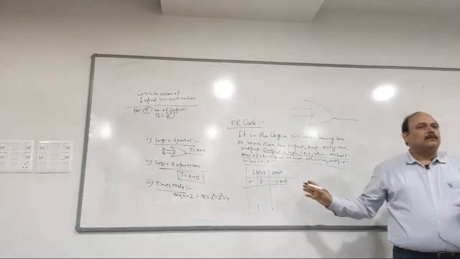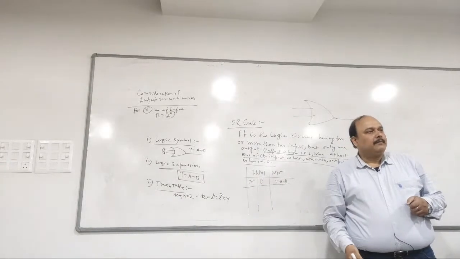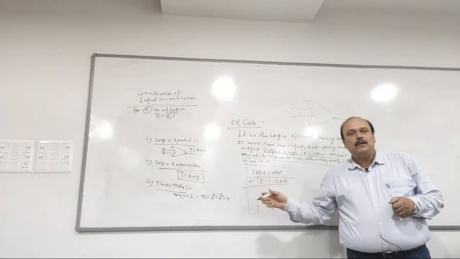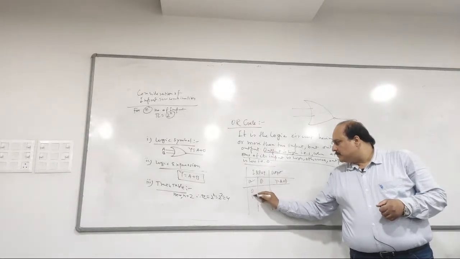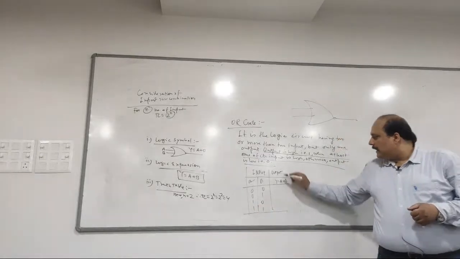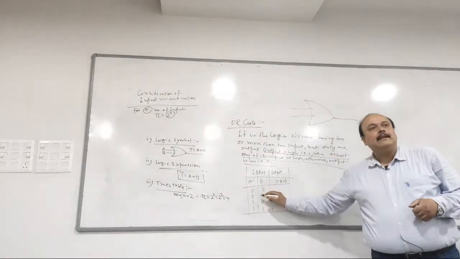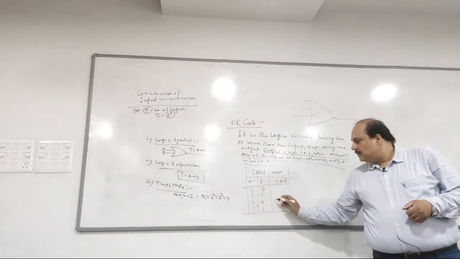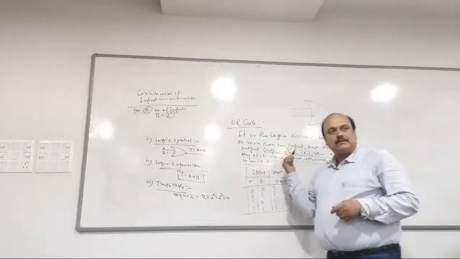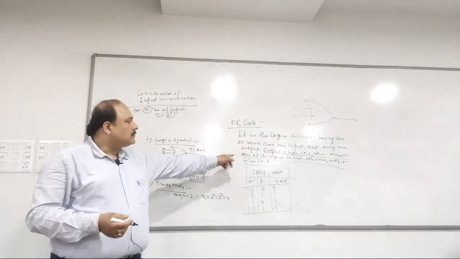Again, whenever you consider the input, the same process you have to perform. The number of input row combinations is 4 because the number of inputs is 2. So half of 4 is 2, that is 2 times 0, and half of 2 is 1. Now to accomplish the output section, just think: whenever at least one 1 is there, output is 1. And in the fourth section, you just write the second sentence, that is the conclusion part: the output is high, that is 1, when at least one of its inputs is high.